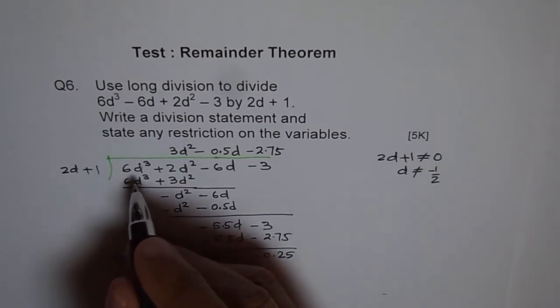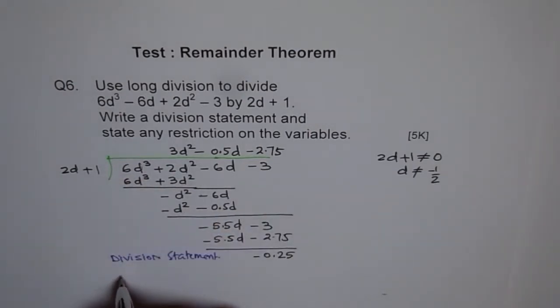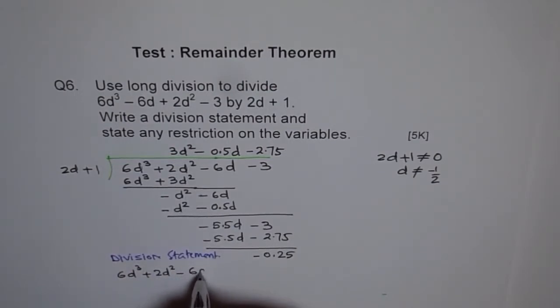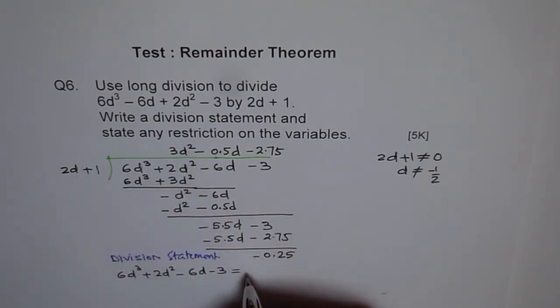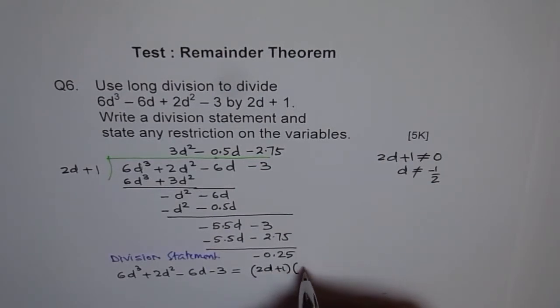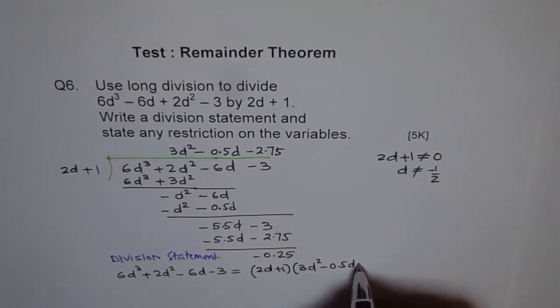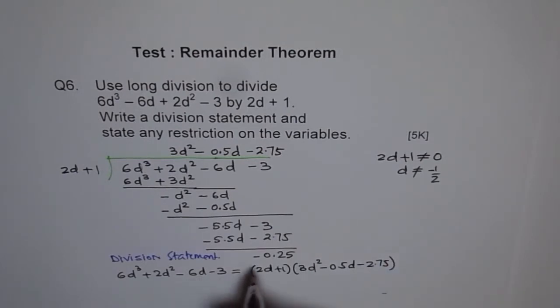It is the polynomial 6d cubed plus 2d squared minus 6d minus 3 is equal to the divisor times the quotient. The divisor is 2d plus 1 times 3d squared minus 0.5d minus 2.75, plus the remainder, which is minus 0.25.